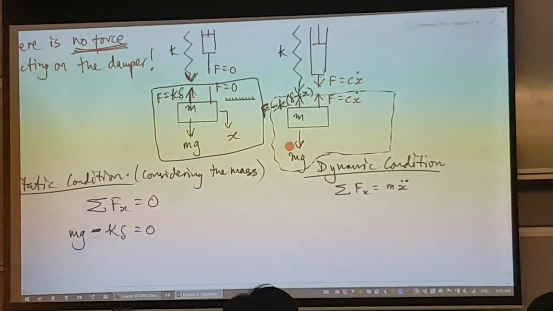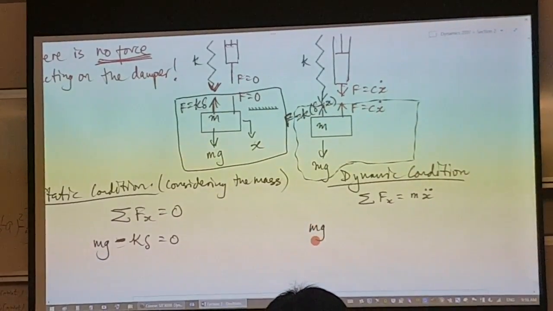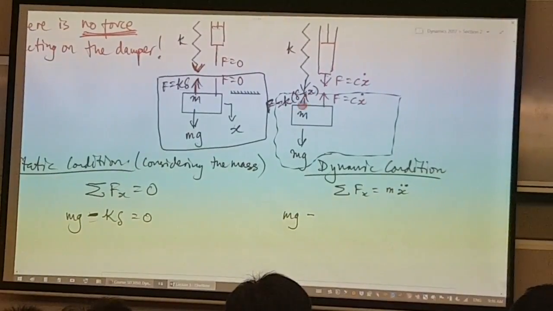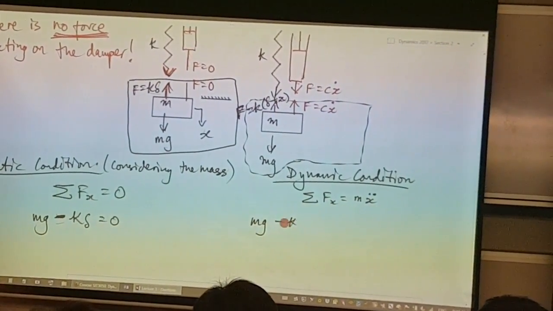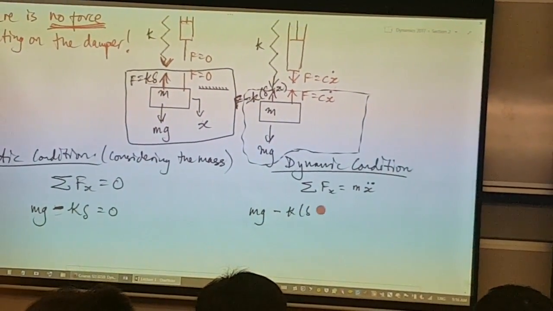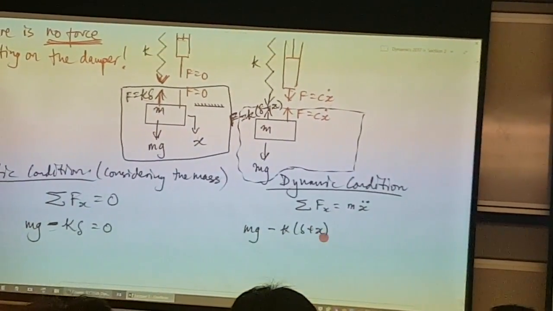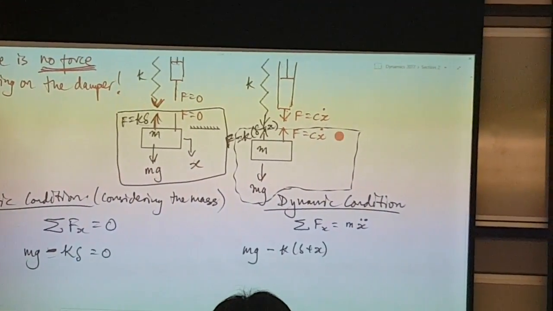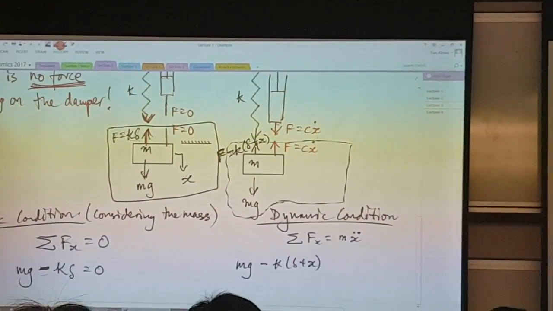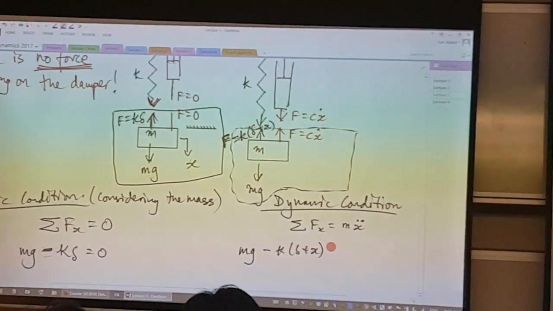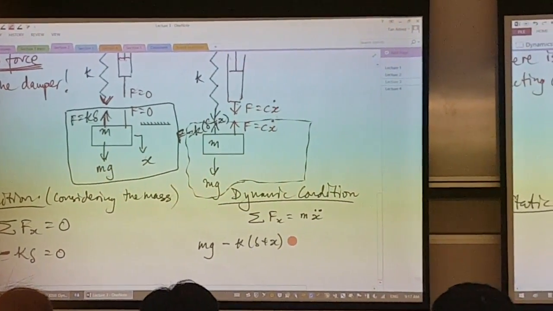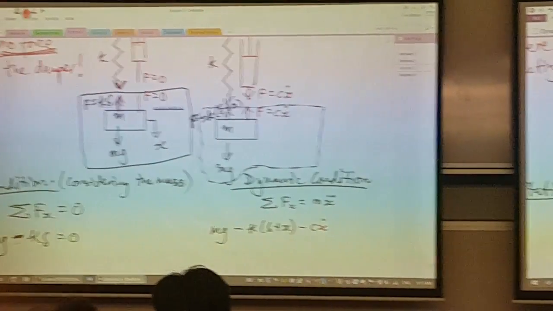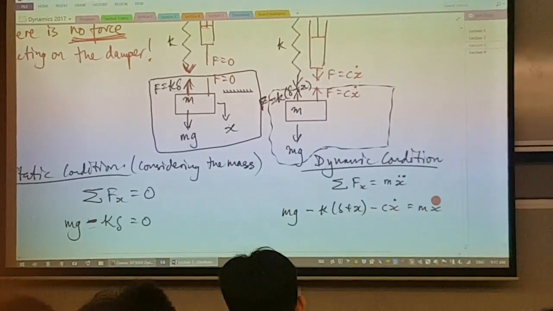So mg is in the direction of our convention, it's positive value, minus force due to the spring in the opposite direction, so minus k delta plus x. And there's another force, the damping force, in the opposite direction, so minus c x dot. So equal to m x dot dot.